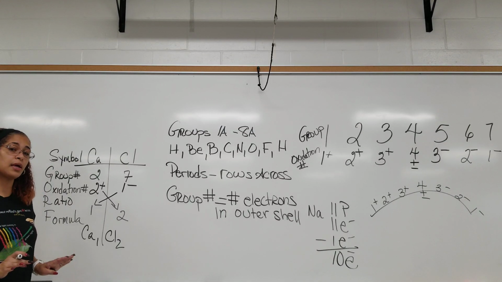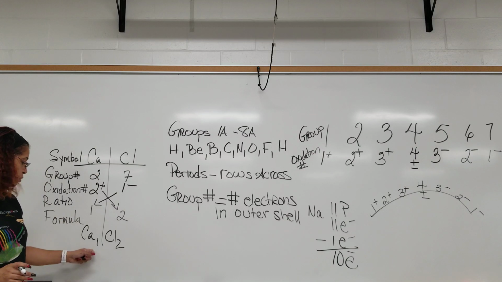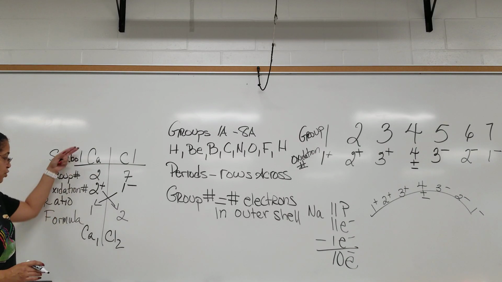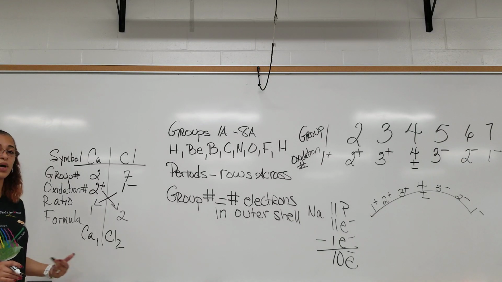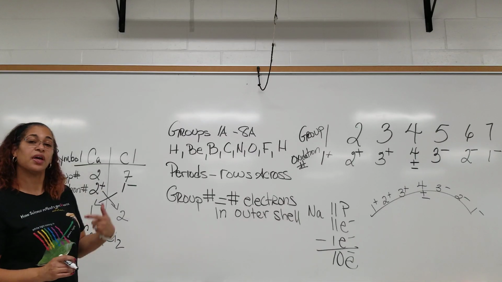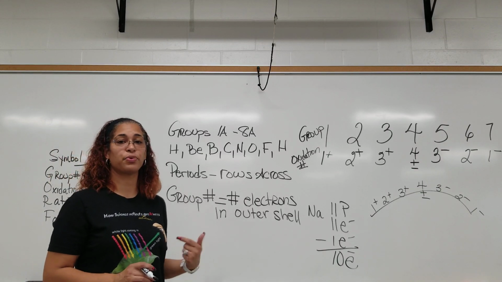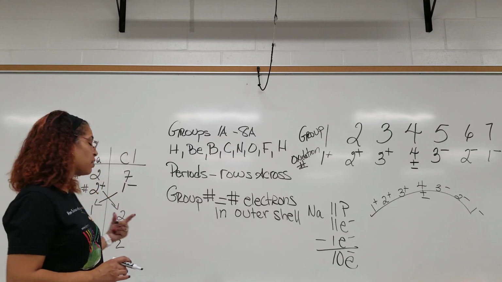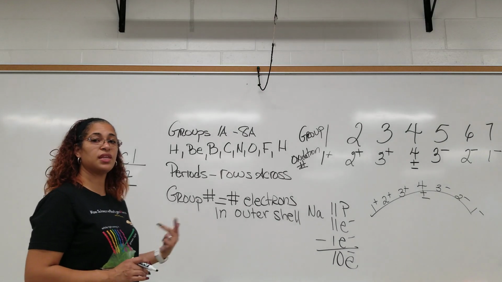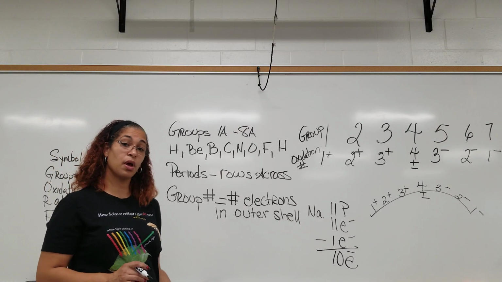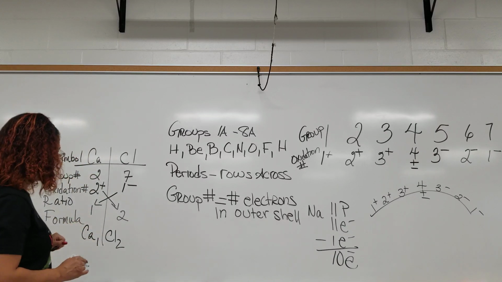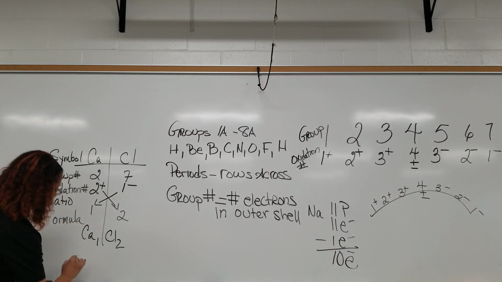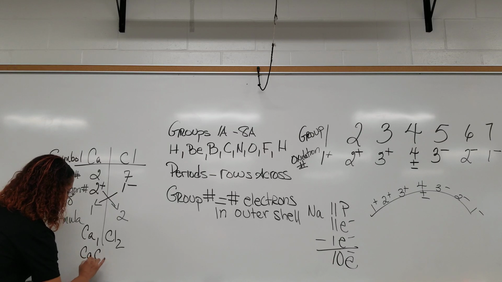Now we do not normally put the 1, but I just wanted to show you how we bring the ratio down. We do not use the 1 in chemical formulas. If the element symbol is represented in the formula, then it is understood that that element is present. If there is no subscript, that means there is only one of that element. So the chemical formula here is CaCl2, calcium chloride.